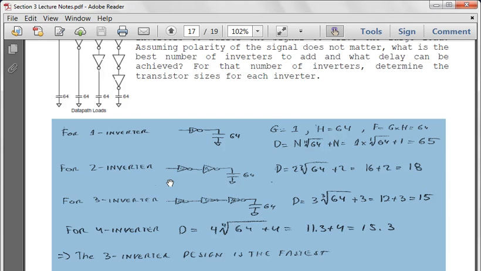This comes out to 3 times 4, which is 12, because 4 times 4 times 4 is 64, plus 3 is 15. For 4 inverters, you're probably noticing the pattern: 4 times the 4th root of 64, plus 4. So this becomes about 11.3 plus 4, which is 15.3.